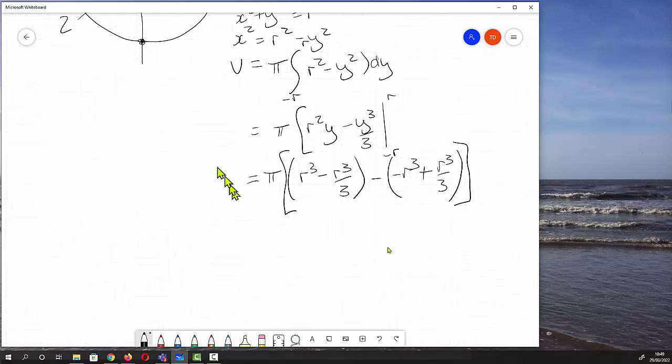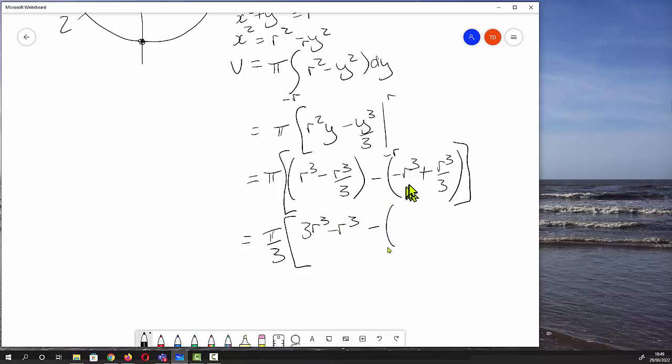So what I'm going to do is multiply through by, I'm going to take a 3 outside, so I'm going to get pi over 3 outside of, then it's going to be 3r cubed minus r cubed minus brackets, I'll keep the brackets for now, then I'm going to get minus 3r cubed plus r cubed, brackets.